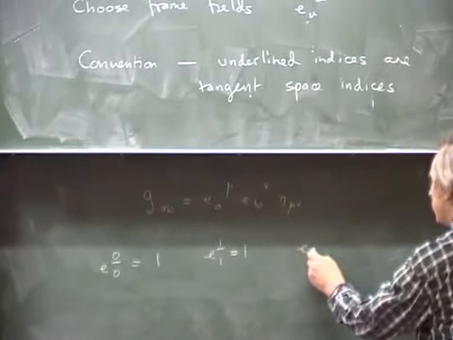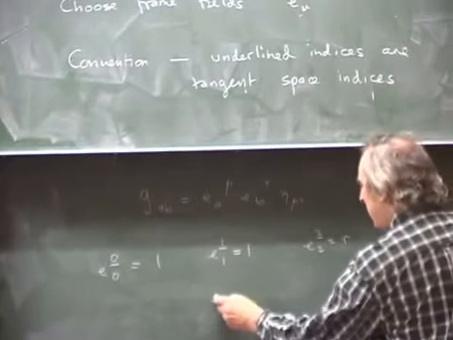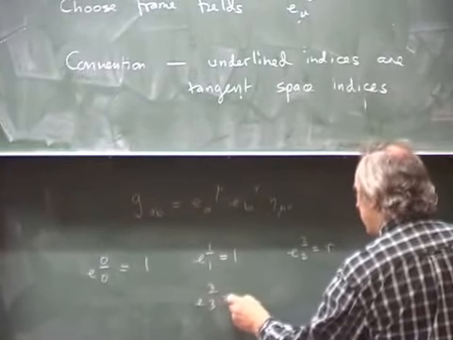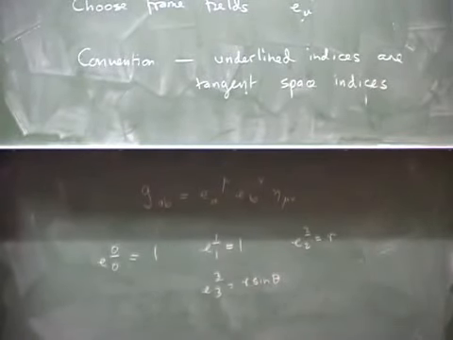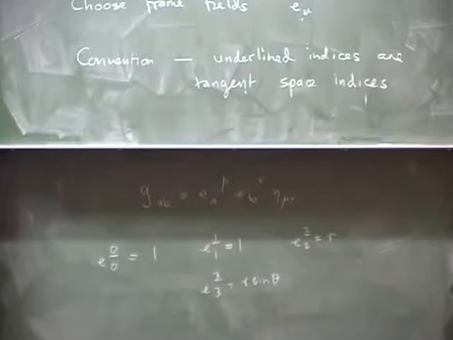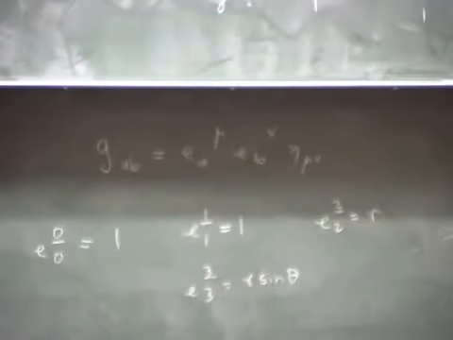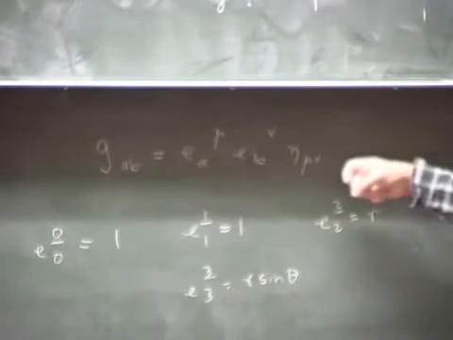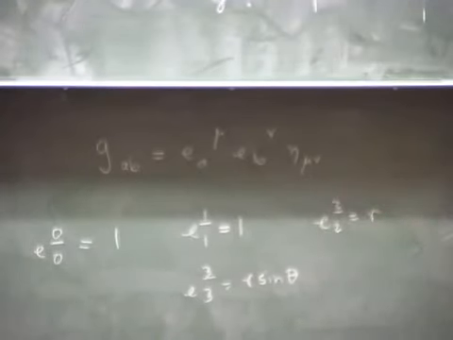I can choose E^2_2 to be equal to r, and I can choose E^3_3 to be equal to r sine theta. So really all I have to do to get the correct metric is to square that. That's really just because the square of the frame fields is the metric, although you have to interpret the word squared with a little bit of caution, because this thing is the Minkowski space metric, not delta. So that's a choice of the way in which I'm going to do things.